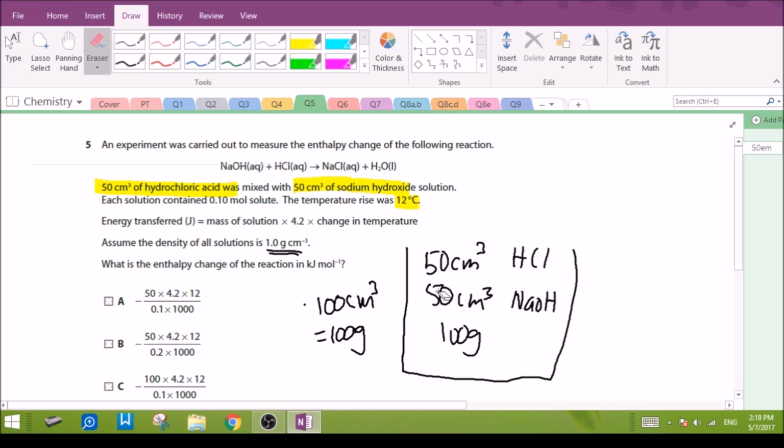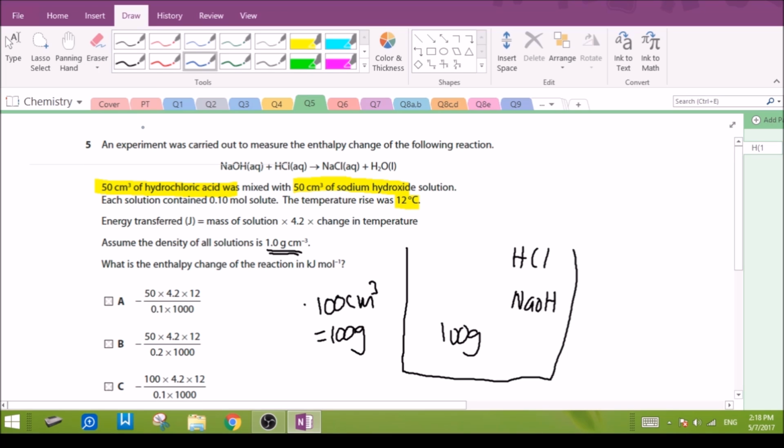So let's get rid of this. That means that during the heat of neutralization, the energy transferred is used to heat up 100 grams of the solution.